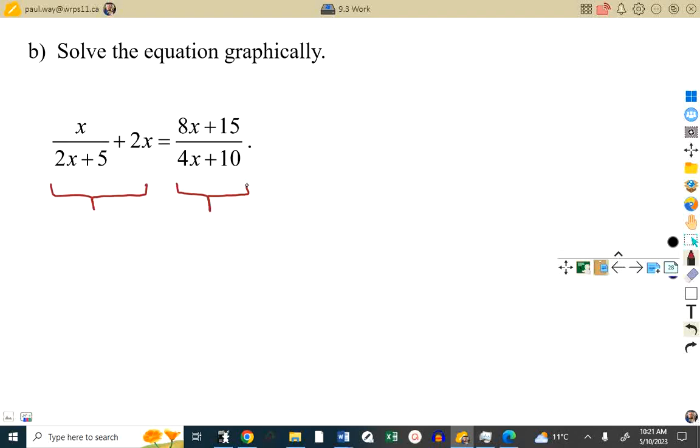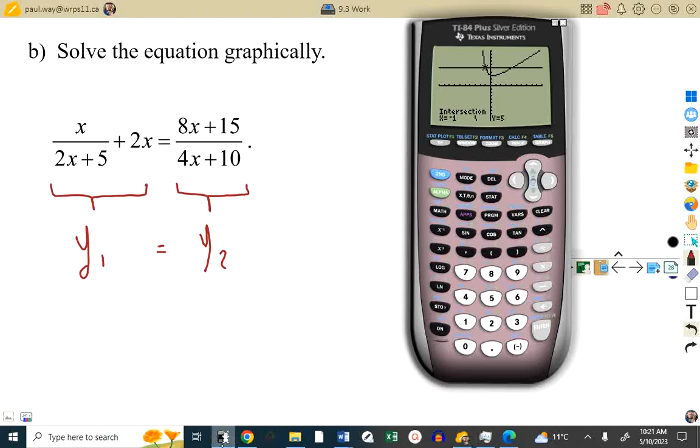You can be asked about that on exams. I would just prefer to say y1 equals y2. This is going to get a little ugly because we're going to have 2 rational functions now. Before we had 1 rational function and a number. Now we're going to have 2 rational functions. Each of these rational functions has an asymptote, so it could be a little ugly to look at.